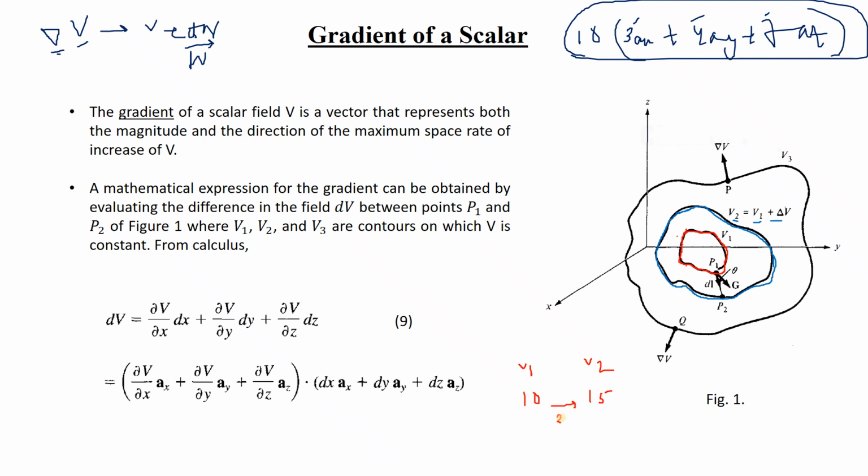If I travel this path at a distance of 2 meter, then I will get one value, and if I travel the path by a distance of 1 meter, then I will get another value.